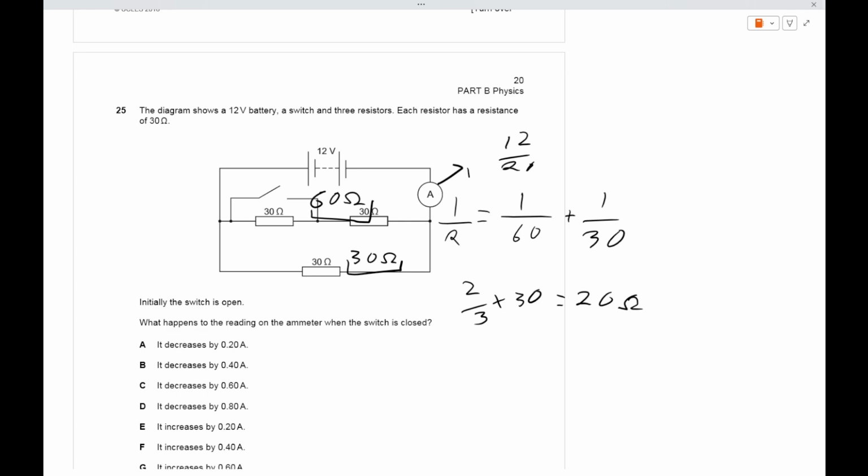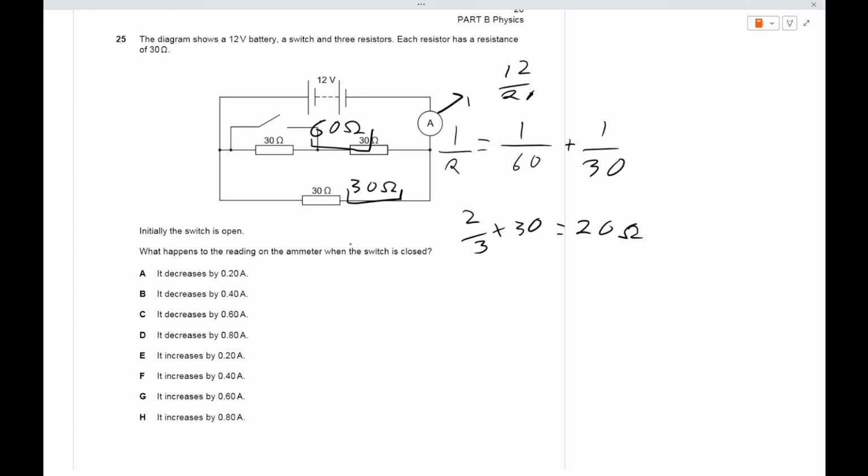Okay. Then when the switch is closed, and this is like this, we can ignore this resistance. There's going to be 30 and 30, and when you have two identical resistors in parallel, the resistance is going to halve.